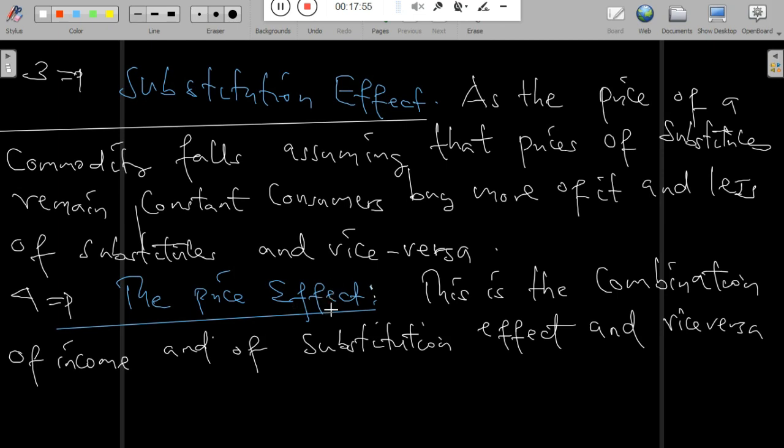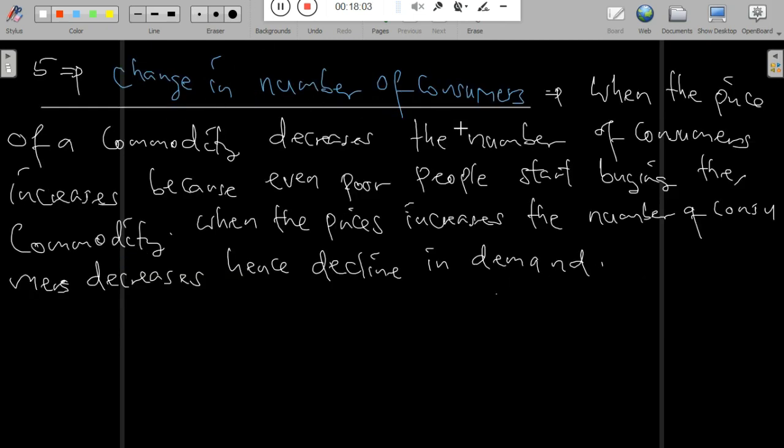The price effect is a combination of income and substitution effects. When the price of a commodity falls, consumers buy more of it because of the income and substitution effects, and vice versa. If consumers find that the price of a certain good is high, we expect that in one way or another they may not afford it if their income is low.